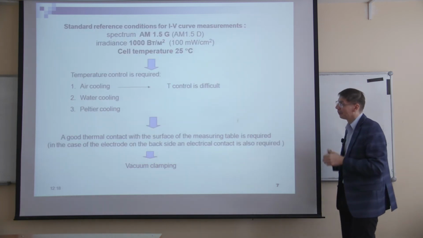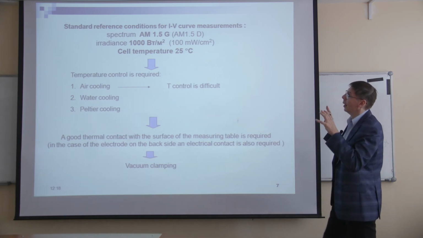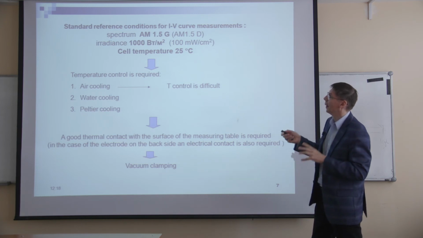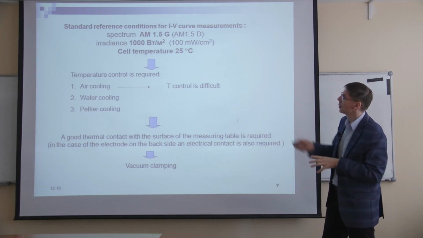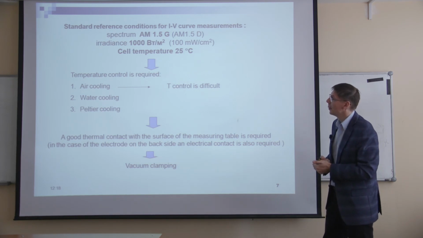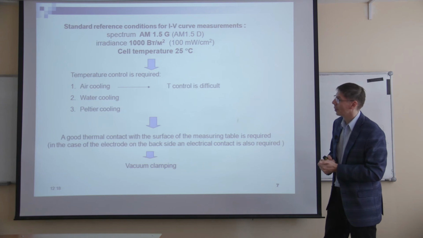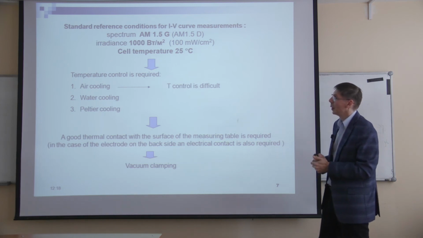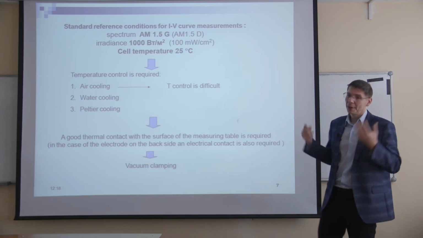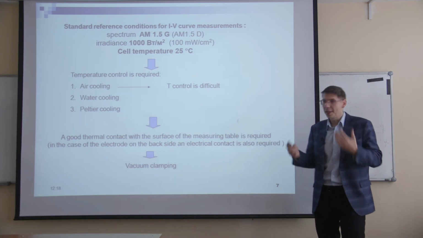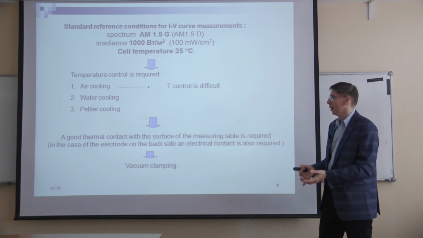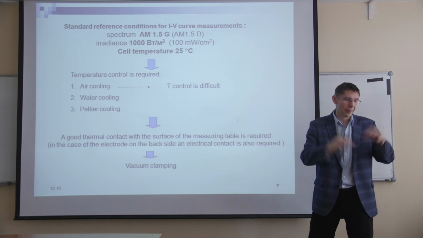Second point, if we already provide everything concerning the light source, so we have a spectrum and we have irradiance, then we have to think about the cell temperature. There are different ways to control the temperature of the solar cell, but in most cases you are working in some room condition, you and the measurement devices.